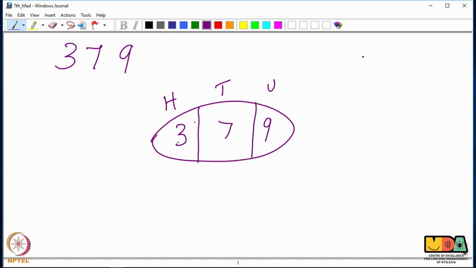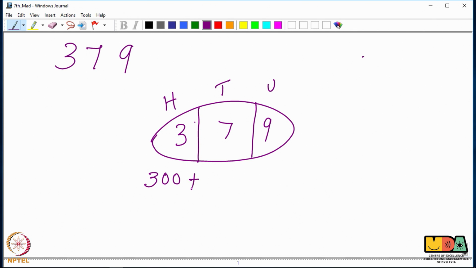Now, when they start writing in expanded form, ask them to write the number as it is. Count the number of sections after that. After 3, how many sections are there? 2. So, they put so many zeros. After which they come to this vertical line. Whenever they come to the vertical line, they put a plus sign.